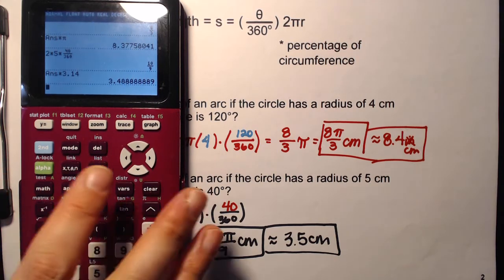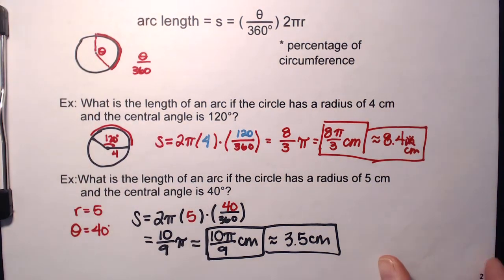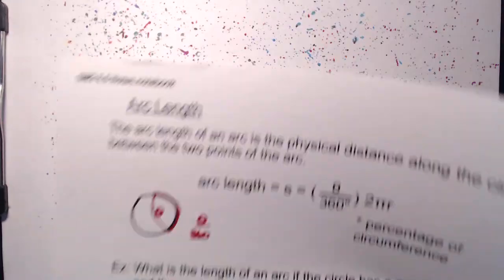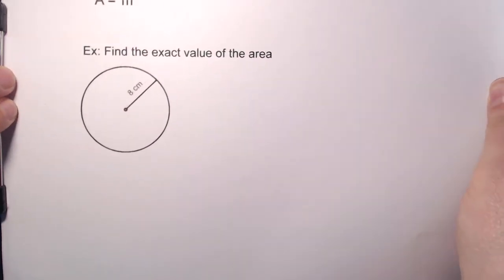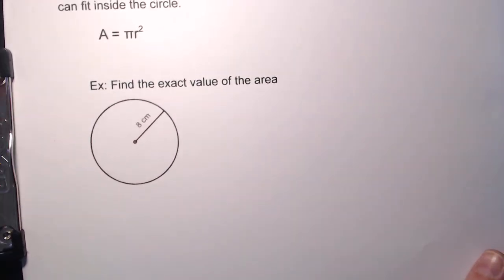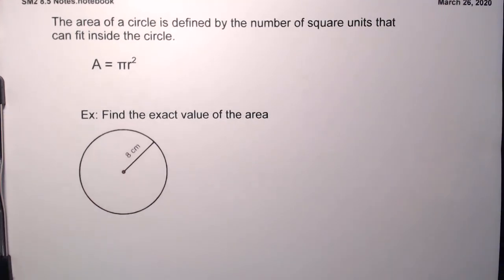now we're going to look at area. So we're finding the area of the entire circle. So the area of a circle is defined by the number of square units that can fit inside the circle.